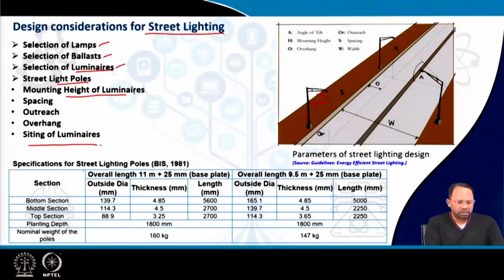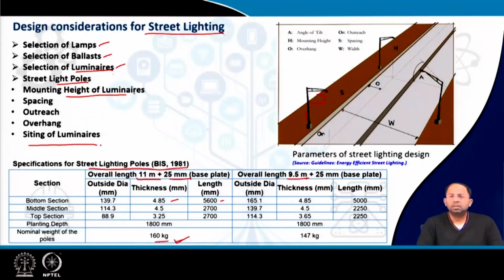The specifications of street lighting poles are given in BIS 1981. As you can see, there are 11 meter poles with a 25 mm base plate, or 9.5 meter poles. You can see the diameter that we usually use, the thickness of those poles, the length of the poles, and so on. Overall you can see the planting depth as well as the weight of the poles. These are important. Why?